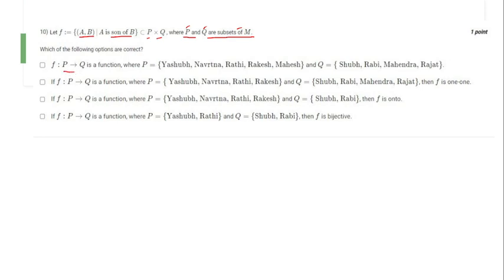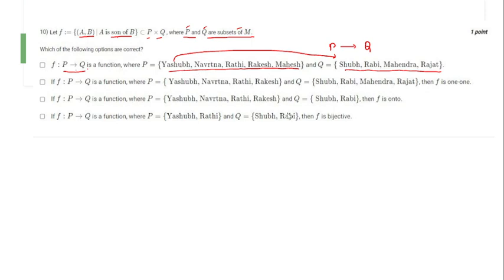So basically P to Q is a function where P is Ysubh, Navratna, Rathi, Rakesh, Mahesh, and Q is Subh, Ravi, Mahinder, Rajat. Where a is son of b, Ysubh should be son of Subh, like that.